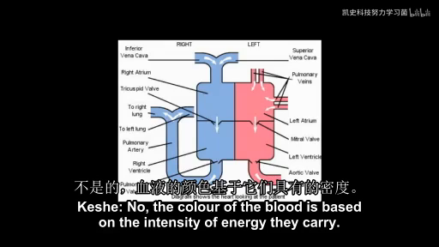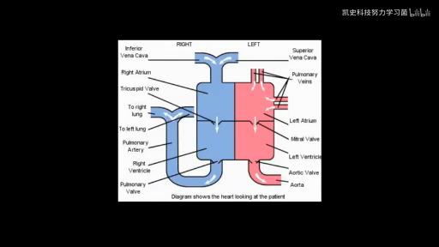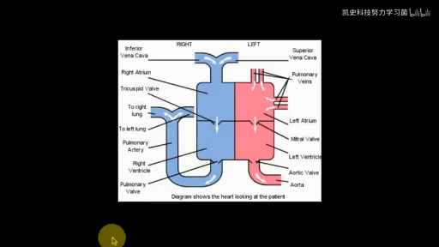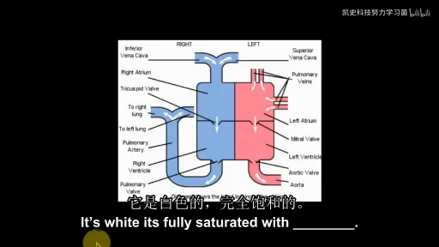I explained this: the color of the blood depends on the intensity of the energy it carries. It's a dimmer system. The energy is the same. That's why the lymph is transparent. It's white because it's full of energy, fully saturated with magraves.